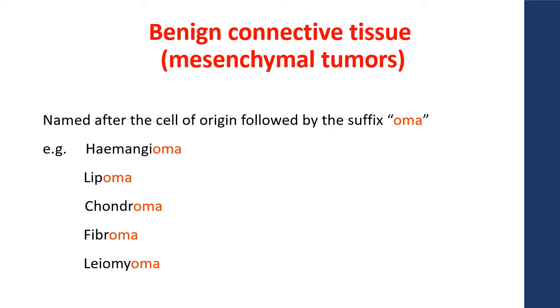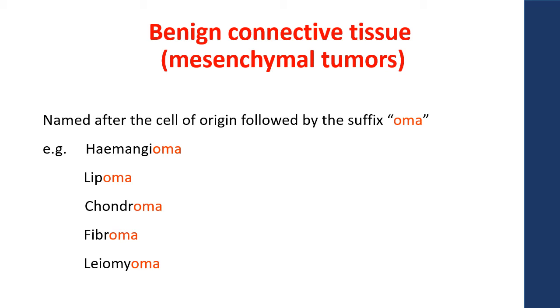Also, we can add oma to the cell of origin to name the benign tumors of connective tissue. So to name the mesenchymal tumors, we add the suffix oma to the cell of origin.